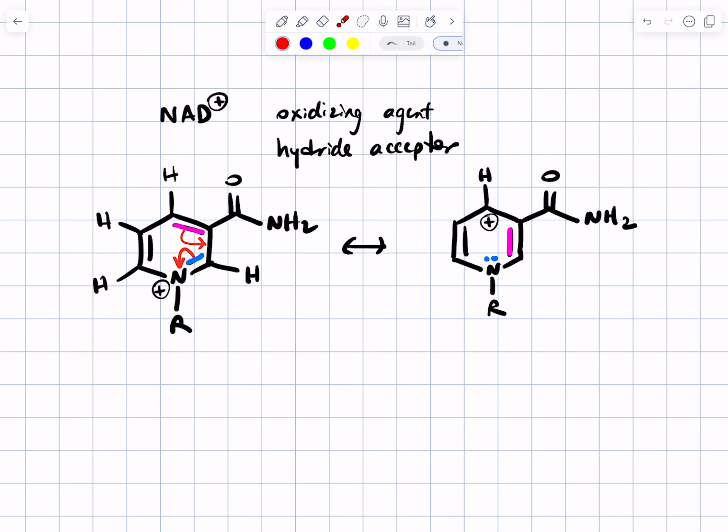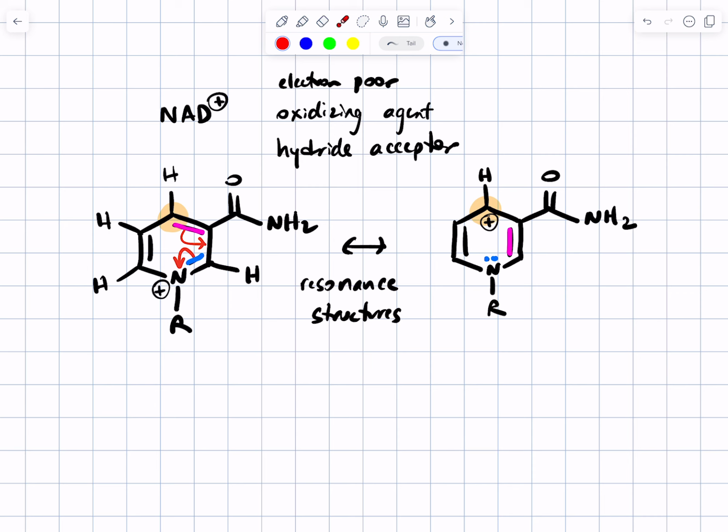So the point is NAD plus is electron poor. And the place that's ready and willing to accept the hydride is this atom that is opposite the nitrogen. These two are resonance structures of each other. So remember that when we talk about resonance structures, what we mean is each is an incomplete description of the overall molecule.